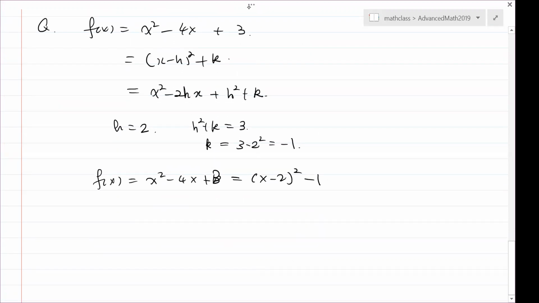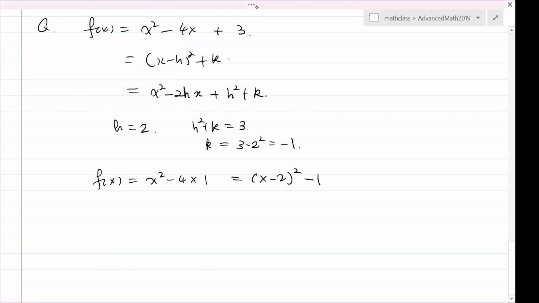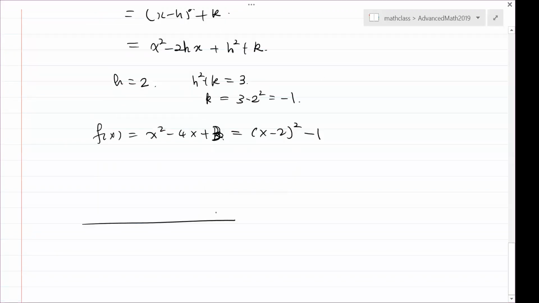Now, this is how I get the vertex information. So how does the graph look like? The vertex (h, k) is going to be (2, -1). Okay, 2, -1.